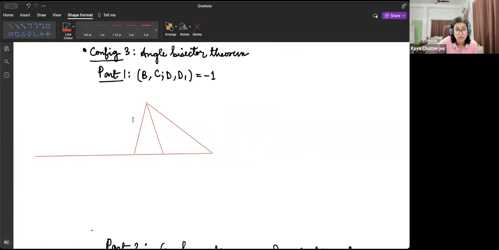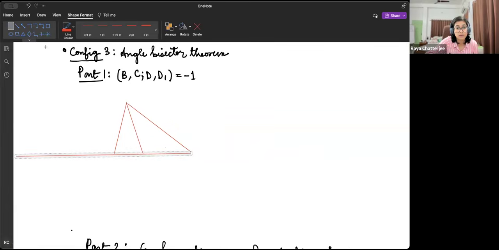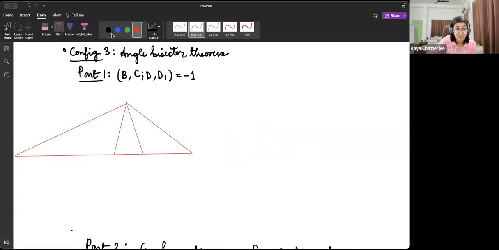It's going to look something like this, and there has to be a 90 degrees going on here, but I'm just not going to go into details. So let's say ABC is our required triangle, AD is the internal angle bisector, and AD prime is the external angle bisector. So what's going on here is (B, C; D, D prime) is -1.